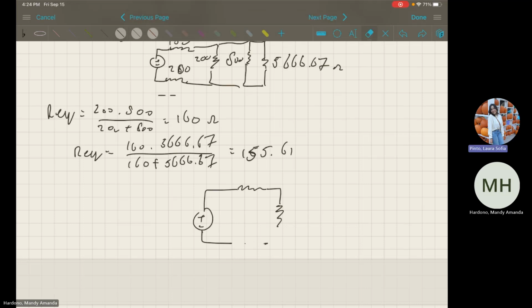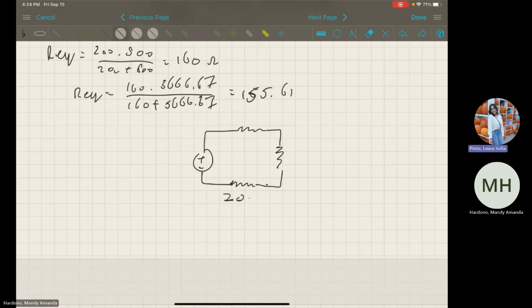So you have a 200 ohm resistor here, 100 up here, 155.61 there. And what would the final step be? Oh, it's all in series, so you just put it together.